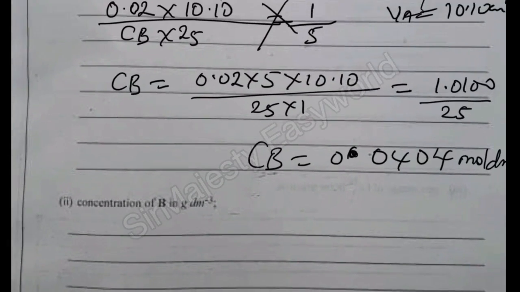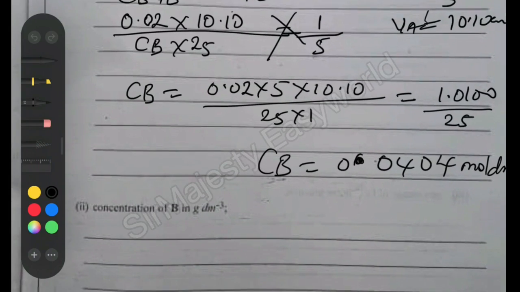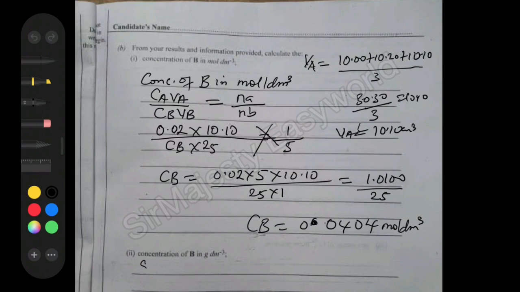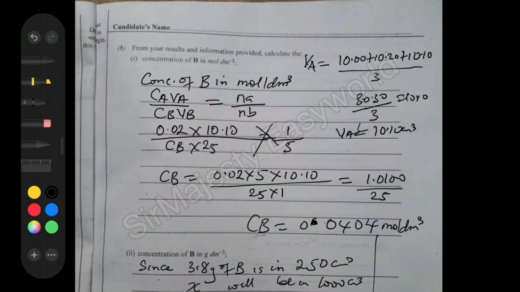So here we continue. Since 3.8 grams of B is in 250 cm cube, we have that X will be in 1000 cm cube, such that 250x, we have to cross multiply, is equal to 3.8 times 1000, and then 3.8 times 1000 should be 3800, if I'm correct.